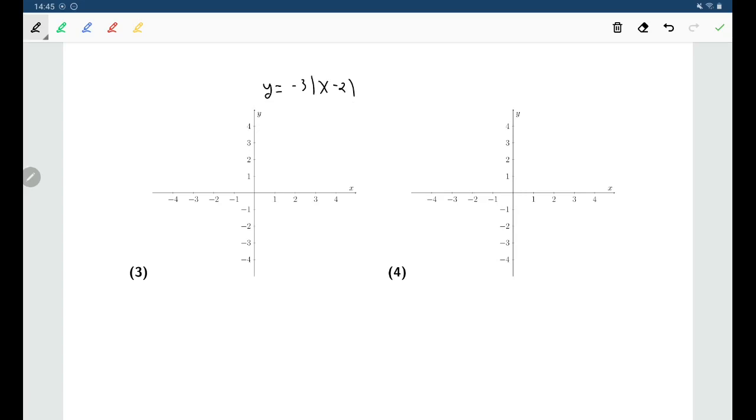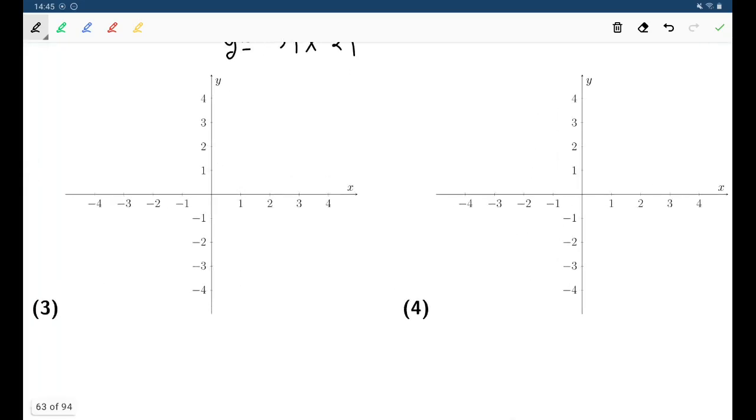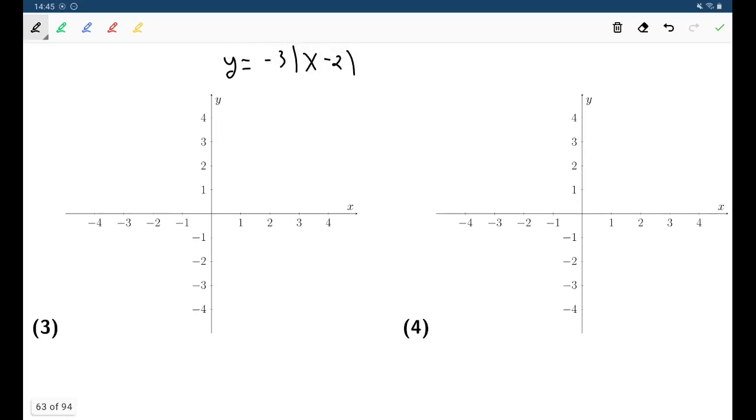So the graph that I'll be plotting here will be y equals negative 3 times absolute value of x minus 2. And I'm going to take all of my points that I had from my previous graph and multiply all their y coordinates by negative 3. The point 2, 0, multiply its y coordinate by negative 3, and it's still 0. For the point 1, 1, multiply its y coordinate by negative 3, and you get the point 1, negative 3.